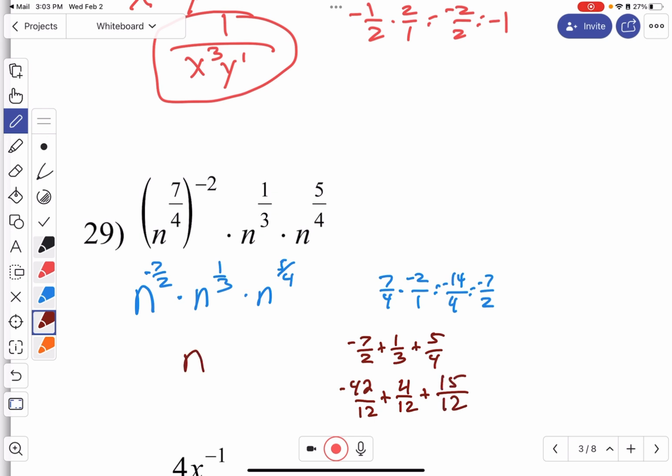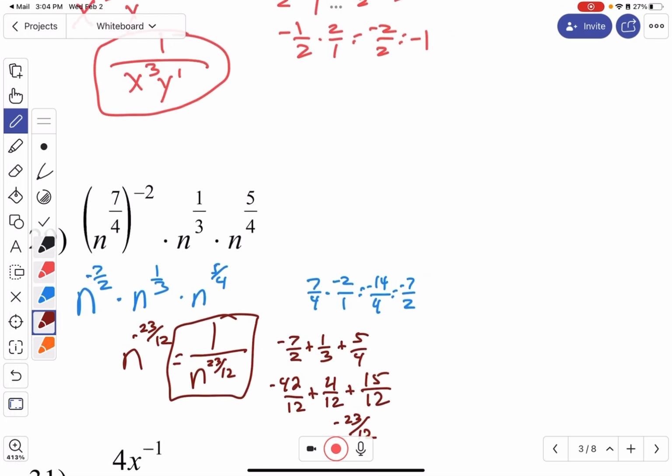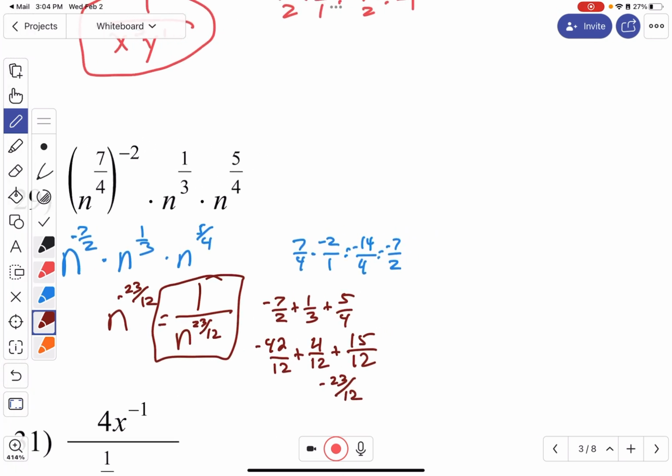So we've got n, negative 42 plus 19, essentially, is negative 23 twelfths. So that'd be negative 23 twelfths, which is 1 over n to the 23 twelfths. I'll check these out later. I think I'm going okay, but we'll check it later just in case. A lot of fractions in that one.